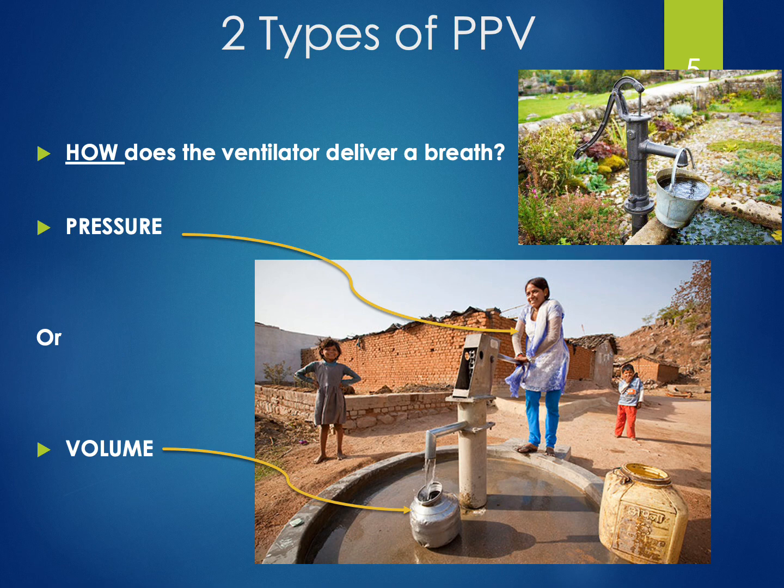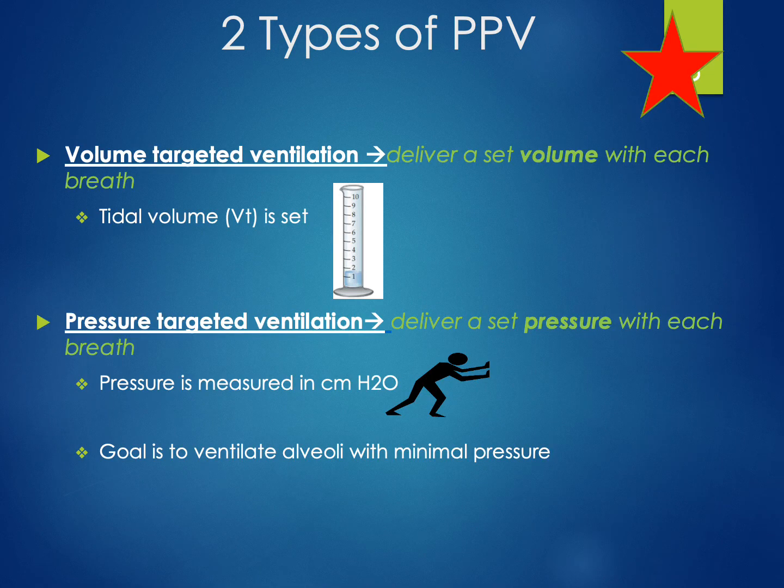Now remember that logically there is still effort involved, but we kind of leave that decision up to the ventilator. How much effort or pressure is up to the ventilator. So volume is the actual size of the breath, and pressure is the amount of effort put into delivering that breath. So let's think about what this means and how this might look in an actual ventilator.